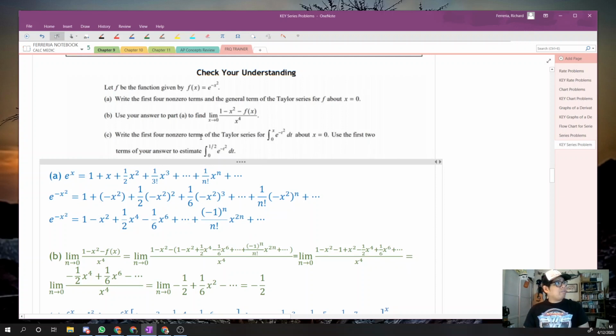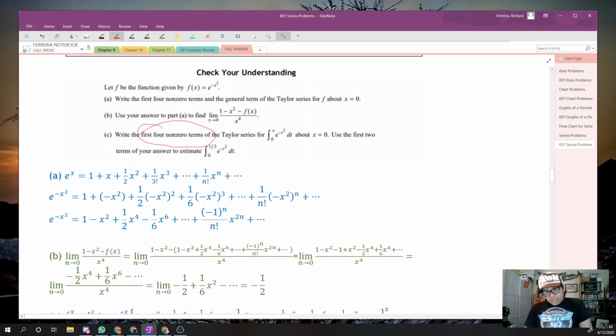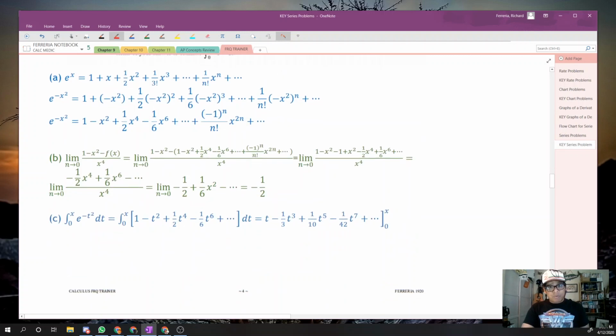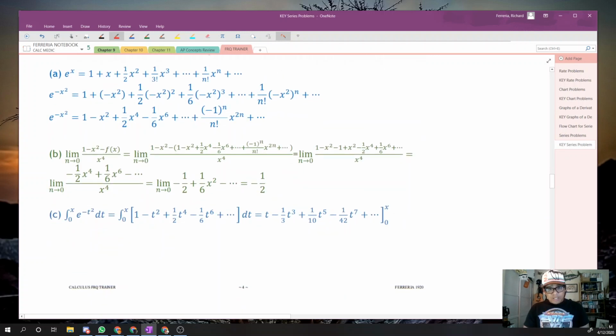Take a look at that here. The first 4 non-zero terms. So if it doesn't say to do the general term, don't do the general term. You're wasting your time, and those minutes that you spend integrating that general term could probably be best used somewhere else. So here we go with our antiderivative.